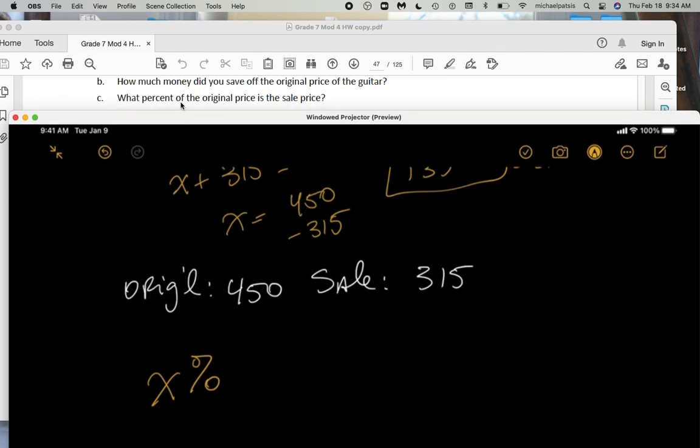Okay, next, of times the original price. Here it is, $450. Is equals the sale price. Here it is. Ladies and gentlemen, there's your equation.